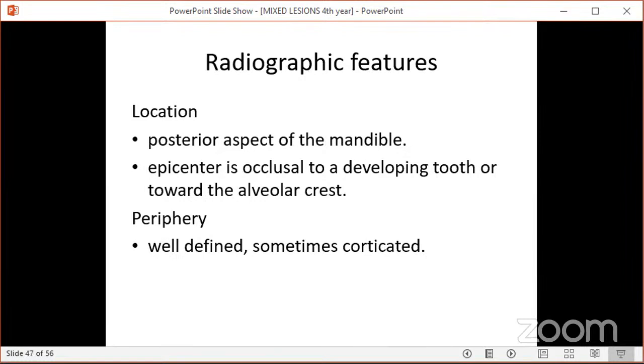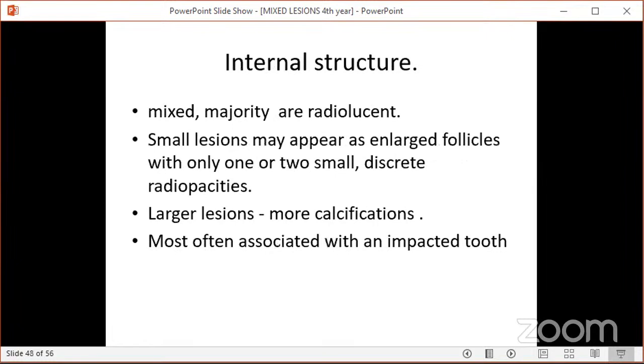It's mostly the posterior aspect of the mandible, and the epicenter will be closer to a developing tooth or toward the alveolar crest. The periphery is usually well defined and sometimes corticated. What's the internal structure? You can have mixed, but the majority are radiolucent.